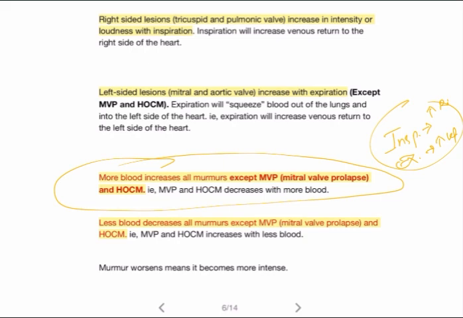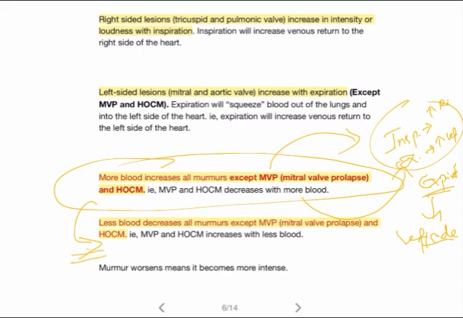Whether the murmur is left or right, if it increases with inspiration, that lesion would be right-sided. If it is increasing with expiration, then the lesion would be left-sided, because expiration increases blood in the left side of the heart. This is just the opposite of the first point.